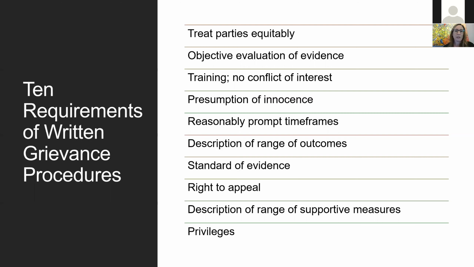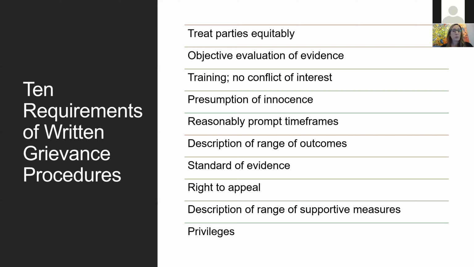And so we need to treat the parties equitably. We need to have an objective evaluation of evidence. A lot of that's going to come down to the team of investigation. Training, we're going to talk about the training for staff. There needs to be no conflict of interest. There are a lot of opinions about that. There's a conversation going on about conflict of interest, and a presumption of innocence.